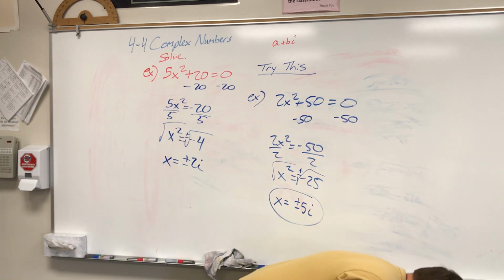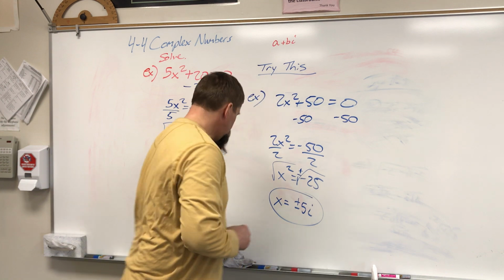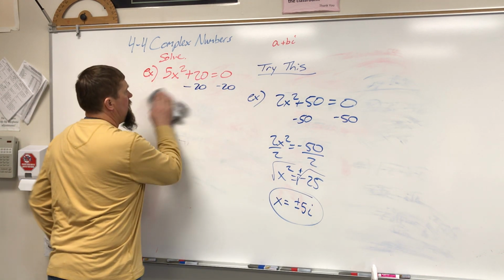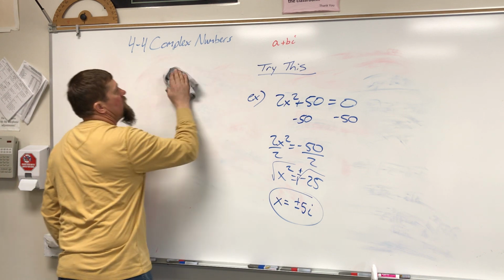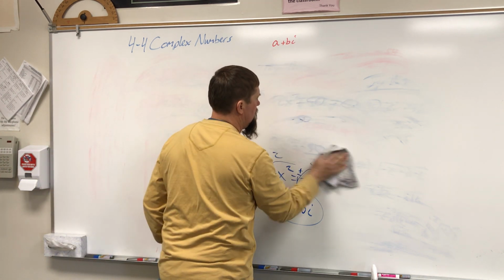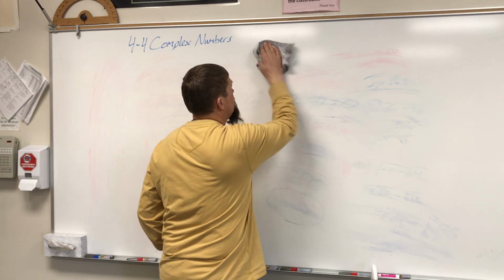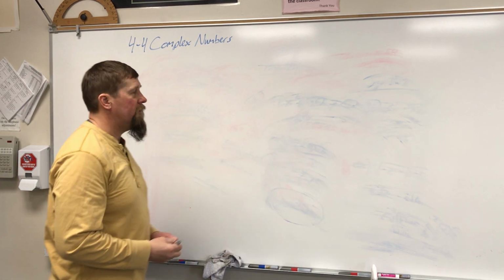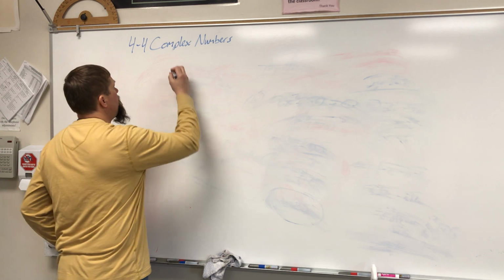Okay, talking about complex numbers. I already introduced you to complex numbers, and we are going to go ahead and talk a little bit more about complex numbers, and then we also want to introduce you to what we call the complex conjugate.